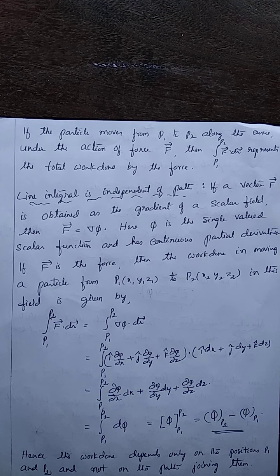So suppose there is a vector field F. Let that vector field F be equal to the gradient of a scalar. An example is electric intensity and electric potential. Electric intensity can be represented as the gradient of the electric potential. So similarly here, suppose we have a vector field which is represented as the gradient of a scalar function, so that F vector equals del phi.